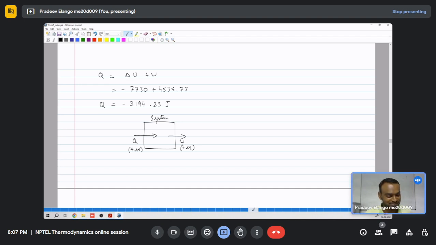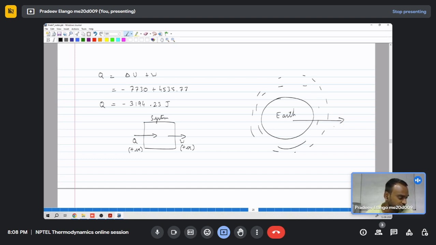Well, pressure is not infinite. You have the earth here, and there are air molecules around the earth, right? And in outer space, after some 1,000 or 10,000 kilometers, there is no air at all.